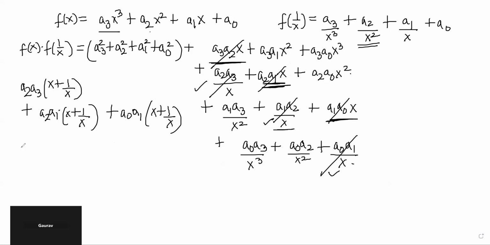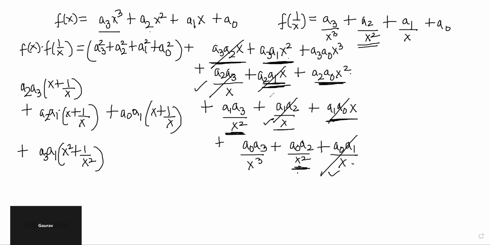Then x square plus 1 by x square, you are getting here x square, here x square, here x square, and here 1 by x square. And there will be one more 1 by x square somewhere. These two, and these two, right? So you're getting a3 a1 x square plus 1 by x square.